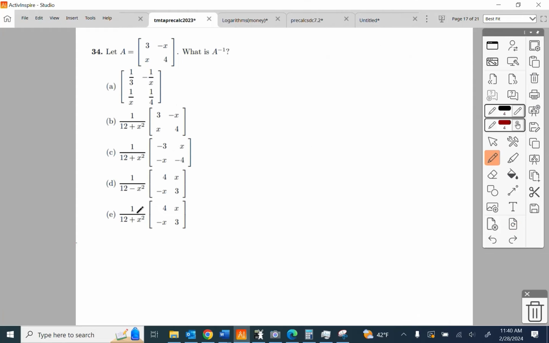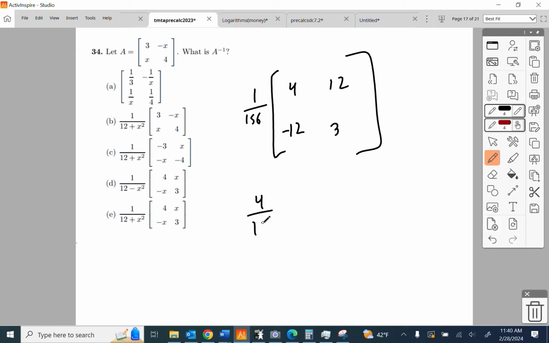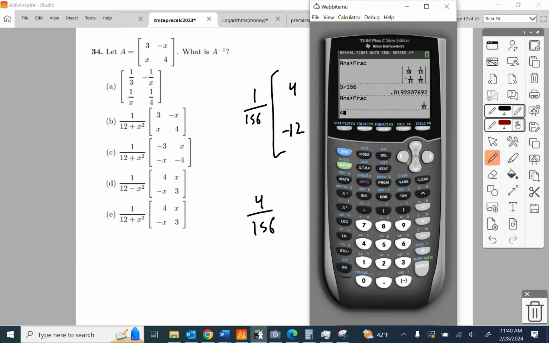Maybe it's this one. I would have 144 and 12, which is 156. 4, 12, negative 12, 3. And I start off with 4 over 156. 4 over 156. Back as a frac. This is looking like it. 1/39.